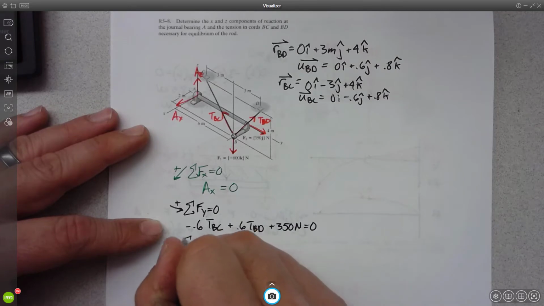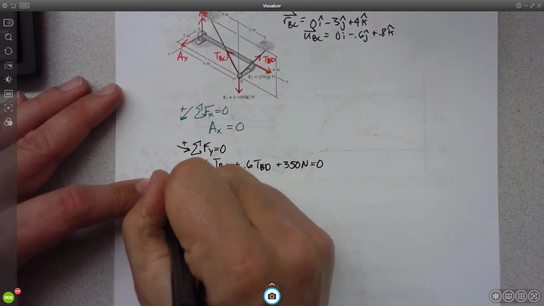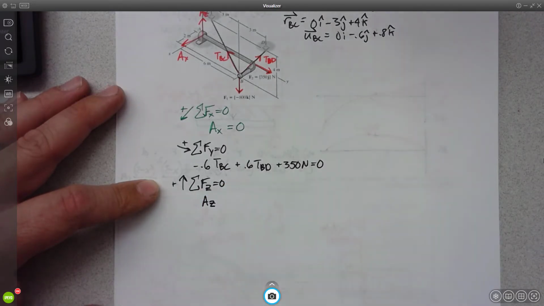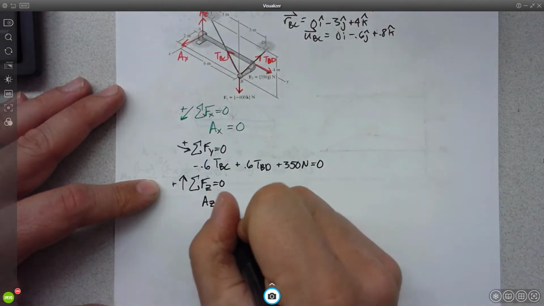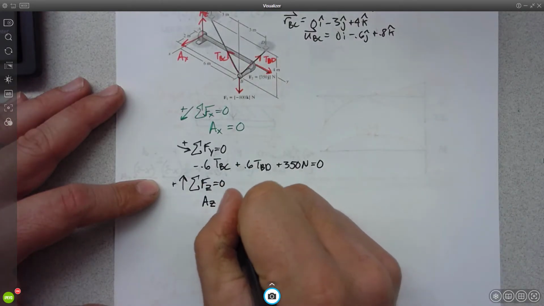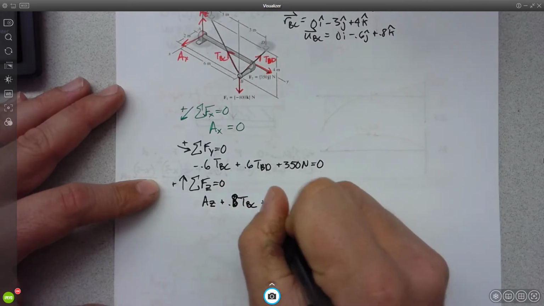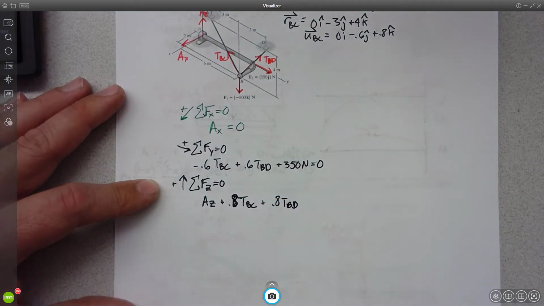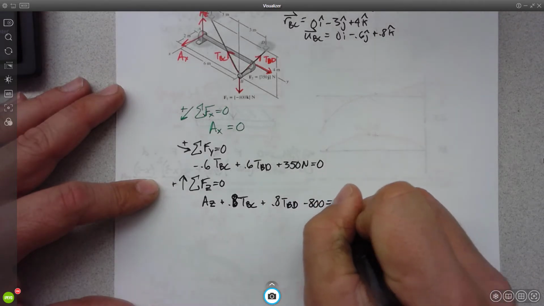Okay. Let's try the sum of the forces in the Z. Definitely have some AZ. We'll have some positive 0.6 TBC, sorry, 0.8 TBC. Plus 0.8 TBD. Minus 800 equals 0.